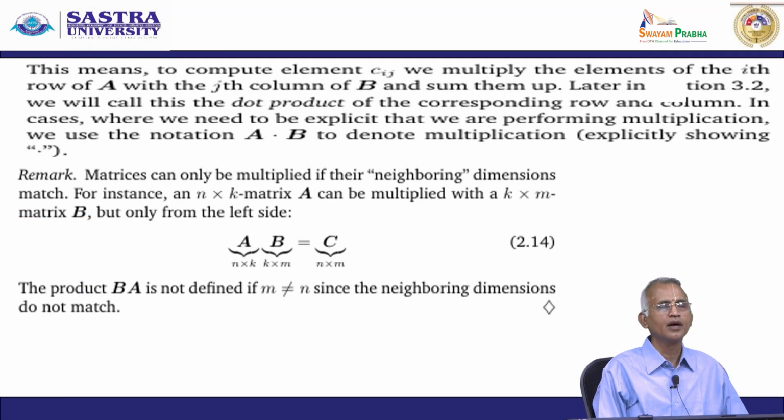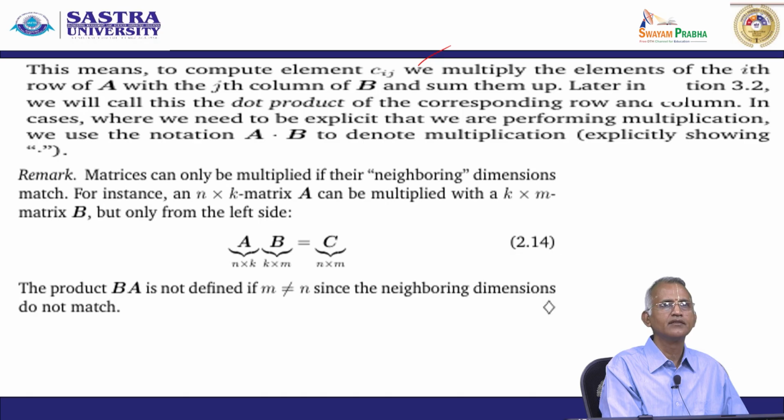This means to compute the element Cij, we multiply the elements of the ith row of A with the jth column of B and sum them up. We call this the dot product of the corresponding row and column.